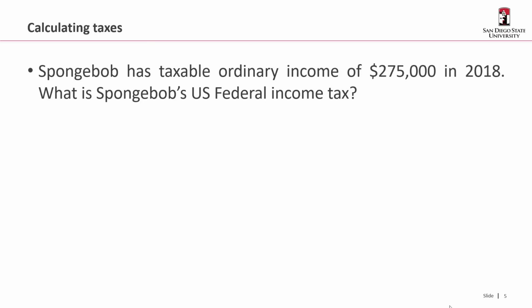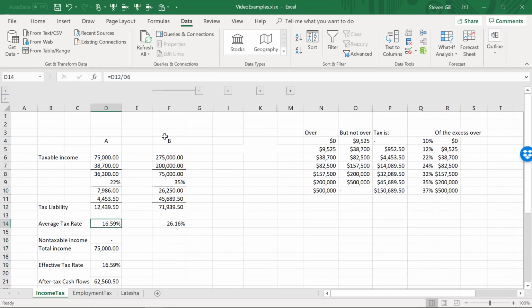And say, what if instead SpongeBob had taxable ordinary income of $275,000? What is his U.S. federal income tax? Okay, so if it's $275,000, well, now we fit inside this bracket. And so we're going to take 275 minus 200,000.